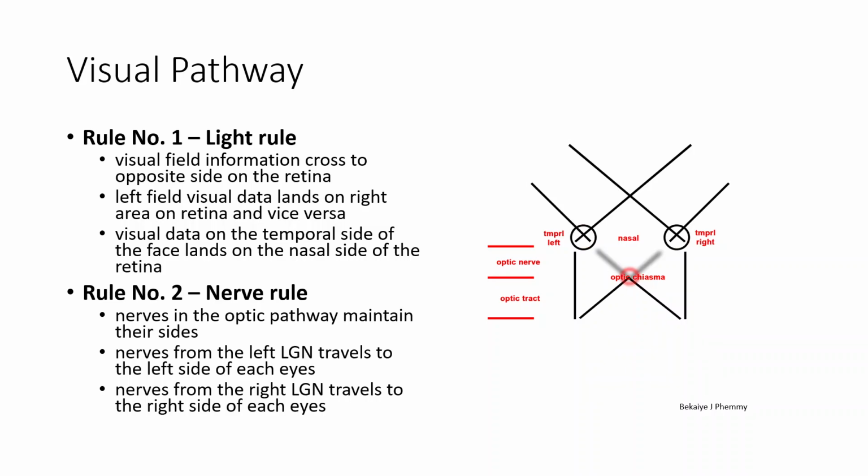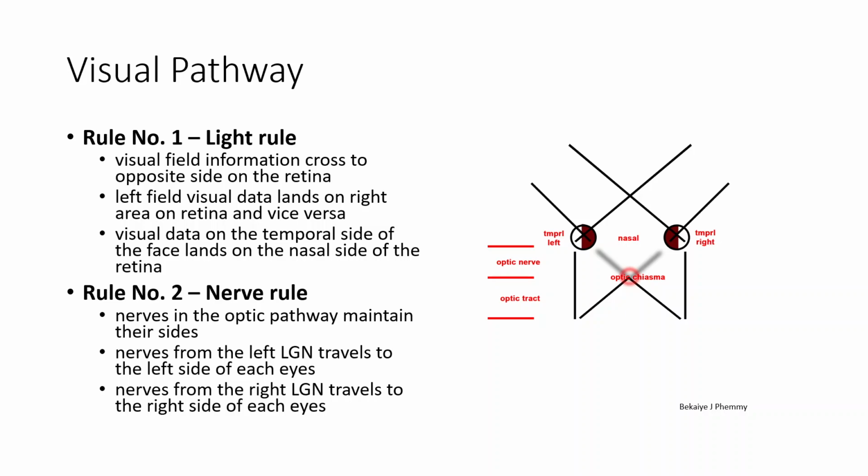When there is a lesion at the level of the optic chiasma, maybe as a result of compression from an adenoma, for example prolactinoma, when we extend what we have here, we will see that the nasal side of both retinas is affected.